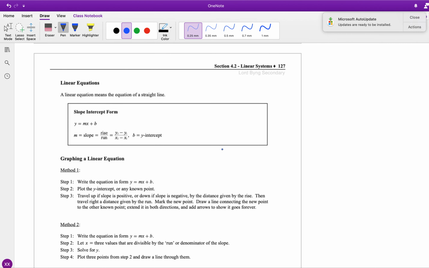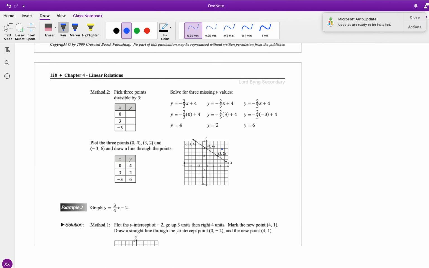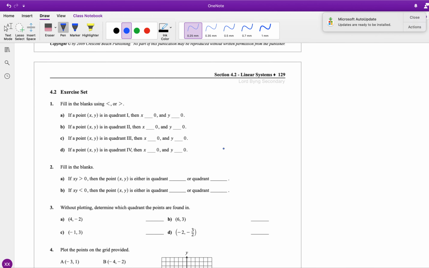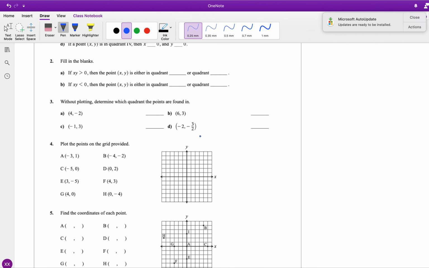Now let's take a look at the exercises here. If this is A, then it's -3 and 1. So the x value is -3, which is here. The y value is 1, which is right here. So plot the point. Then this is point A, right?